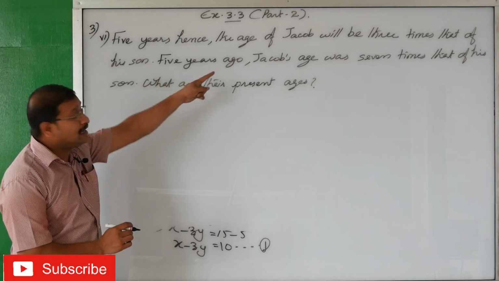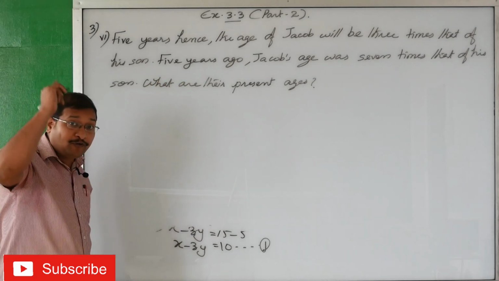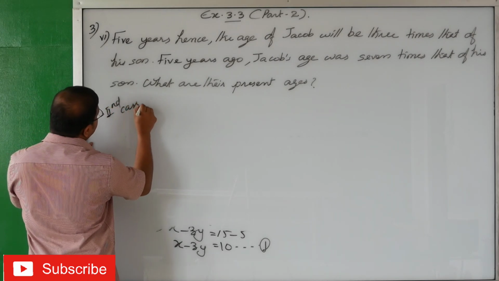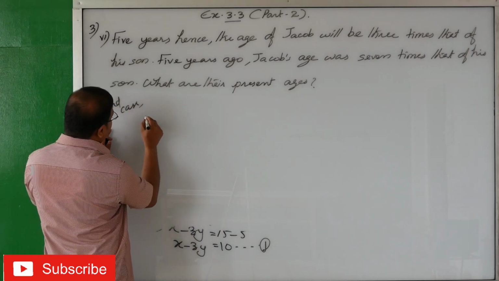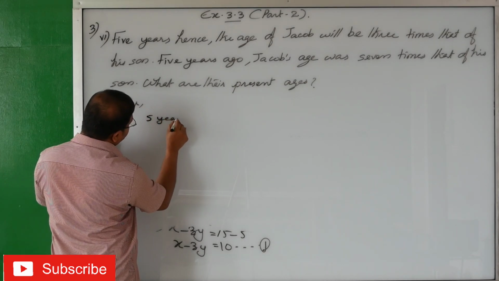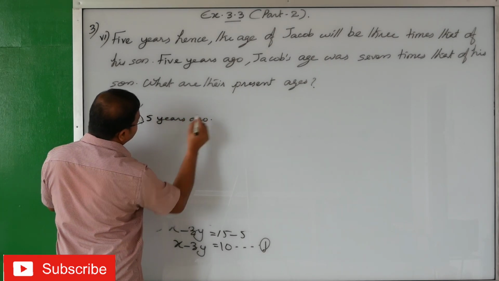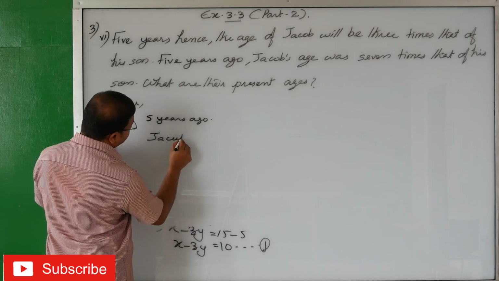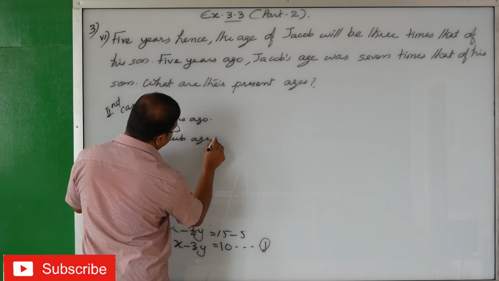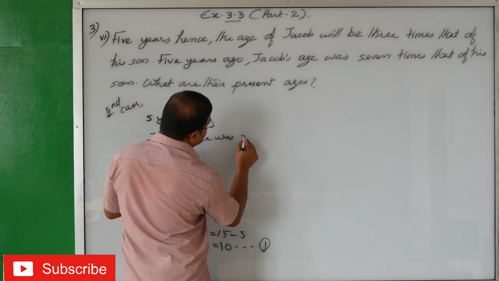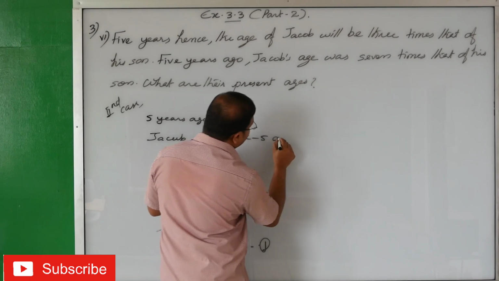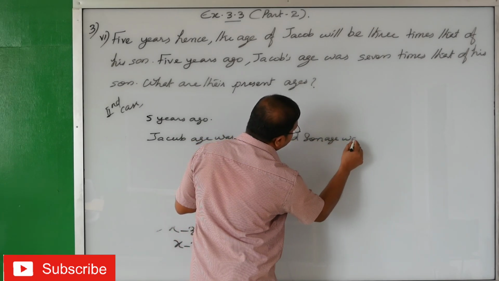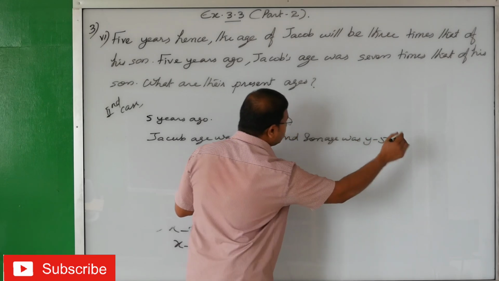Now see, 5 years ago means before 5 years. So, second case. 5 years ago, Jacob's age was X minus 5 and the son's age was Y minus 5.